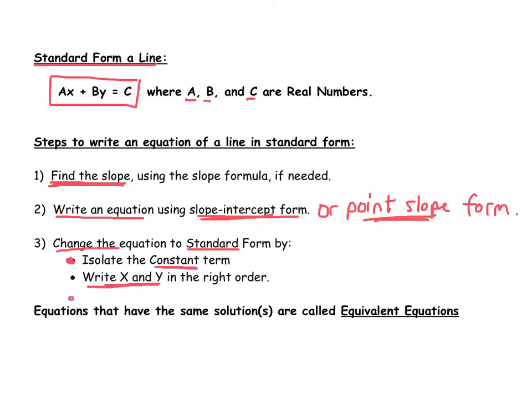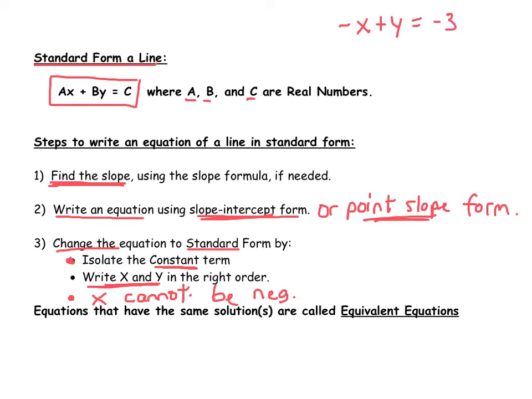And then there's two other things that you need to know, and that is that the coefficient of X cannot be negative. What I mean by that is, and I'll do it up here, if you have a negative X plus Y equals, say, -3.